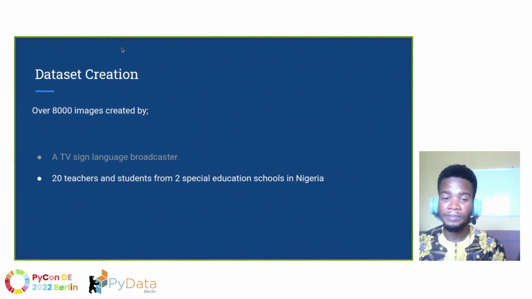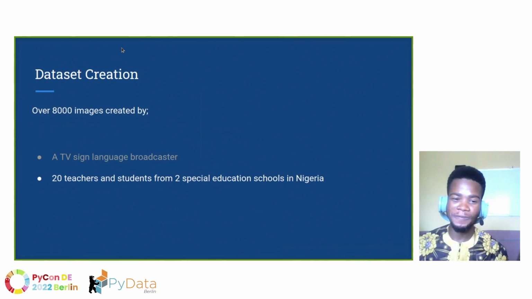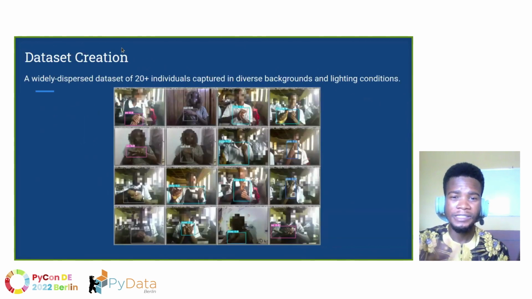Once I had the proof of concept, it was easy reaching out to special education schools in my locality and requesting them to help me get a larger data set. Most of them were quite enthusiastic about that, and in the end, I settled for two schools. So in the end, this is what we had.